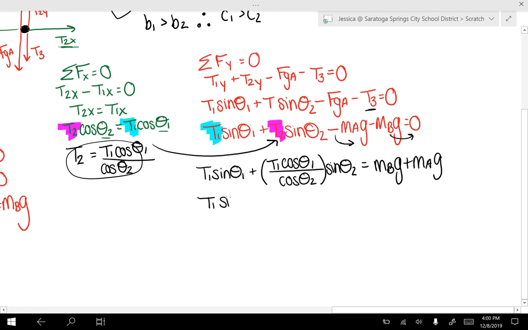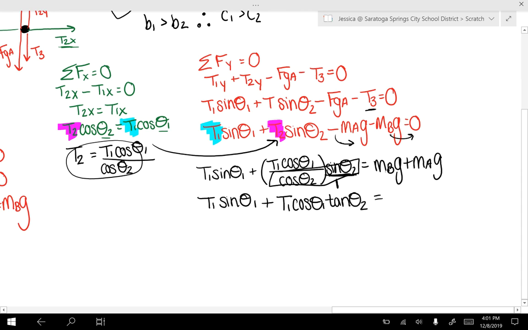So T1 sine theta 1 plus. Now, this really could be looked at as T1 cosine theta 1 times sine theta 2 over cosine theta 2. And remember, the sine of theta 2 over the cosine of theta 2 is really the tangent of theta 2, which really for this doesn't matter.